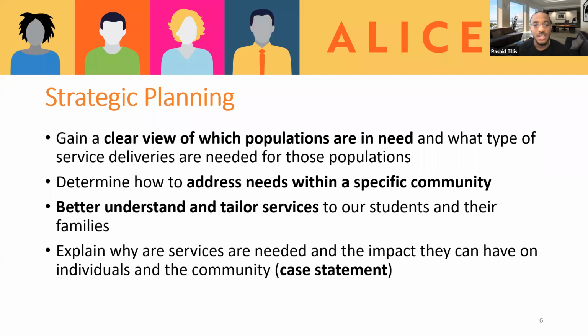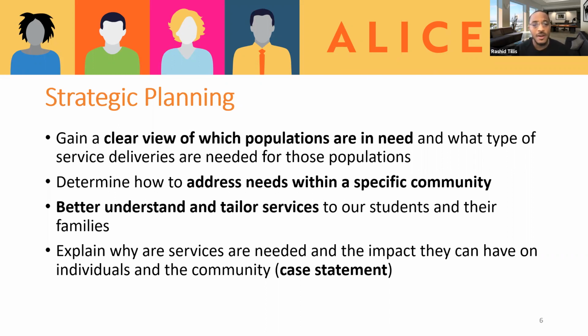The second bullet says determining how to address needs within a specific community. Strategic planning also helps us to better understand and tailor services to our students and their families. And I don't know about you, but I personally love the word tailor. I love customization, and it's very important that we know the services and better understand those that we serve.